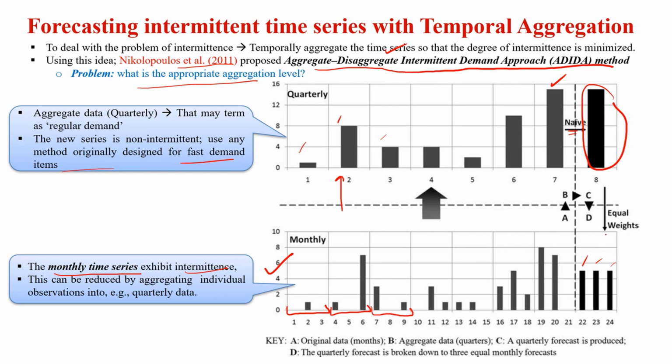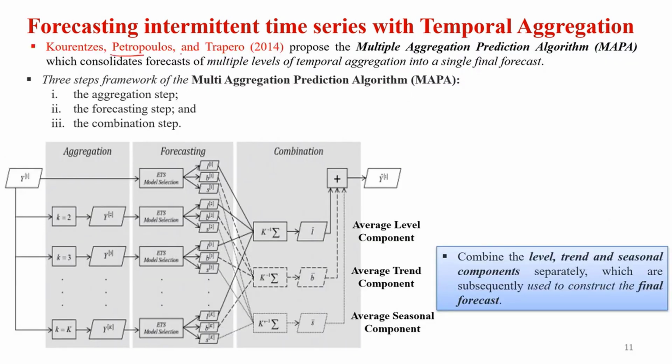Similarly, in 2014, these authors proposed another method which is called the multiple aggregation prediction algorithm. What does that mean? Basically we have the total aggregation level, and they are aggregating at different levels, say k, into different months, and then using those aggregations they apply the exponential smoothing method or any method you can apply.